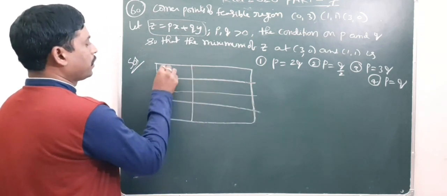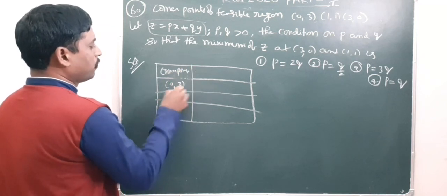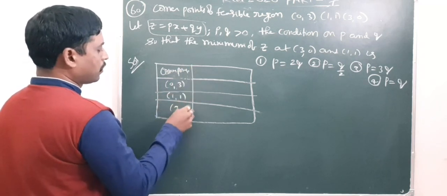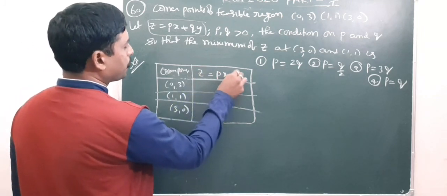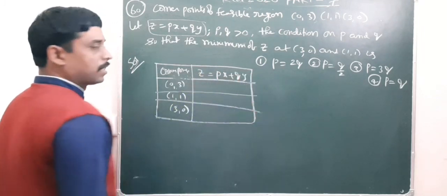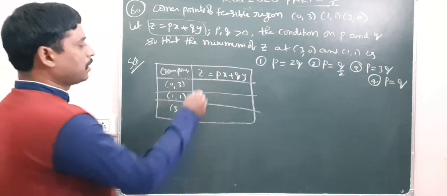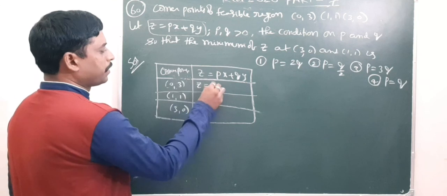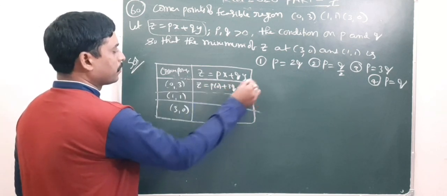So the corner points are (0, 3), (1, 1) and (3, 0), and z is equal to px plus qy. Now we have to find the z value at each corner point. At (0, 3), z is equal to p into 0 plus 3 into q, which is nothing but 3q.